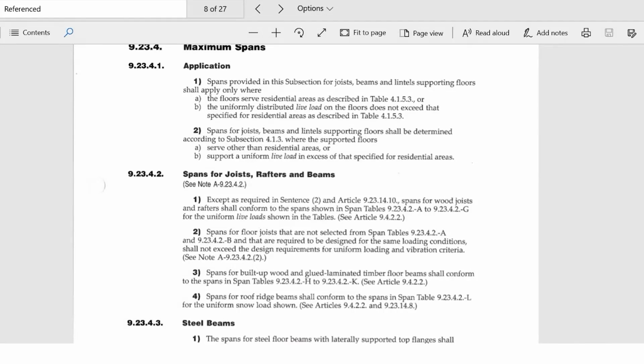Where are the span tables related to Part 9? Volume 2, it's after page 447. So after the fire and sound resistance tables, we find the span tables.